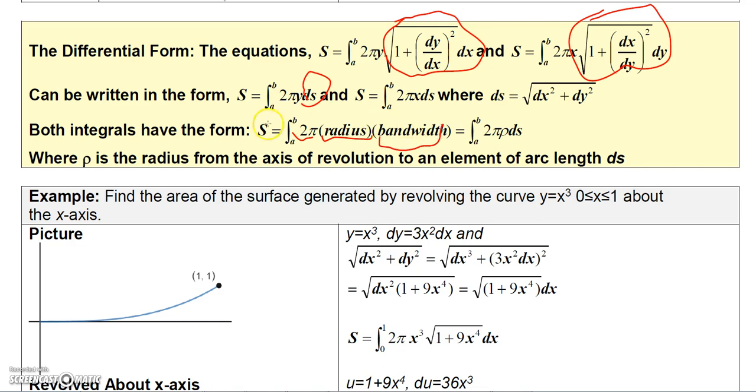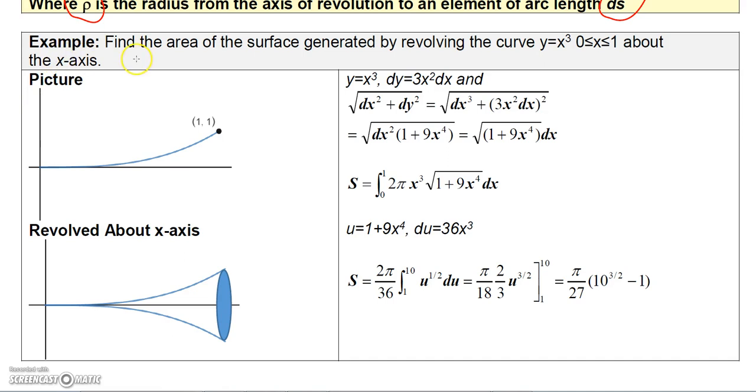If you treat this Greek letter rho as the radius from the axis of revolution, and say it has an arc length of ds, then this becomes just 2 pi times rho times ds. It's just another way to write it, but I'll show you how you can apply that formula in the next example though.